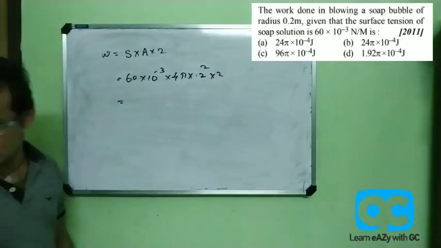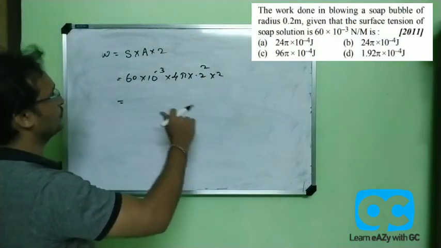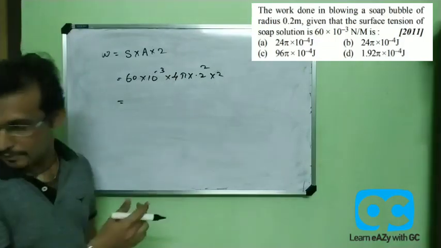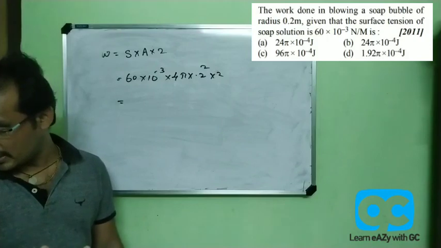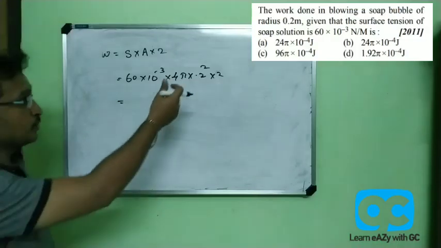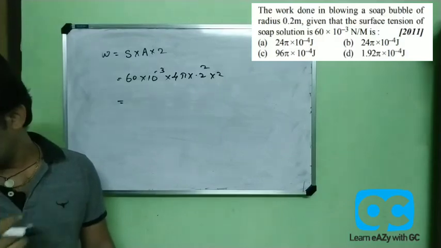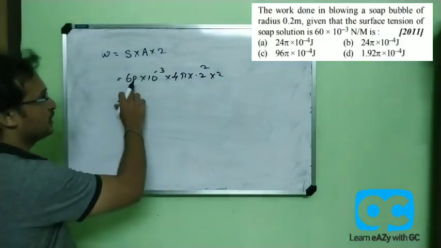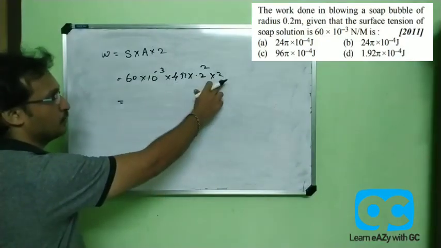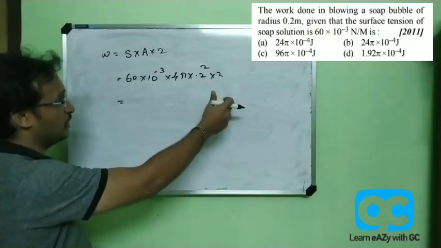60 into 10⁻³ into 4, what will you get? 60 into 2, 120. 120 into 4, 480 pi, and there is 0.2 square also. Into 0.2 square, what will you get? 60 into 4, 240 into 2, 480 into 0.04, correct? Am I wrong?